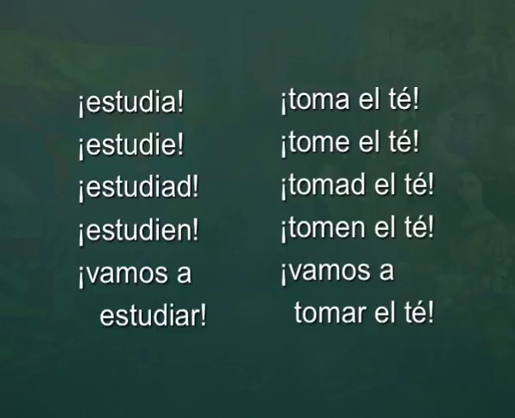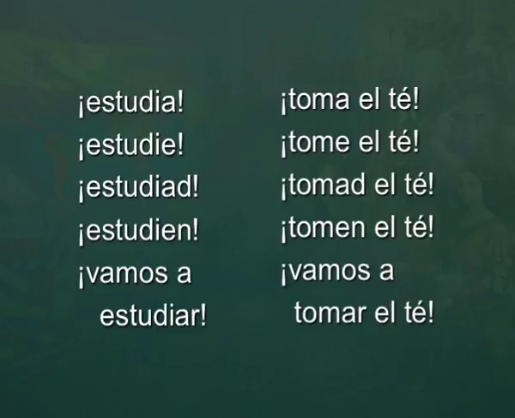Tu form ends in a, usted form ends in e, vosotros or vosotras end in ad, ustedes form has en.